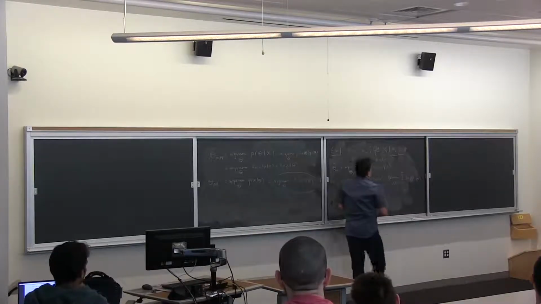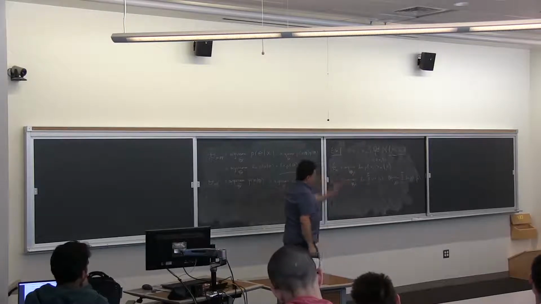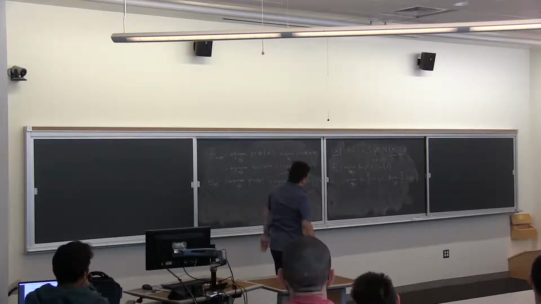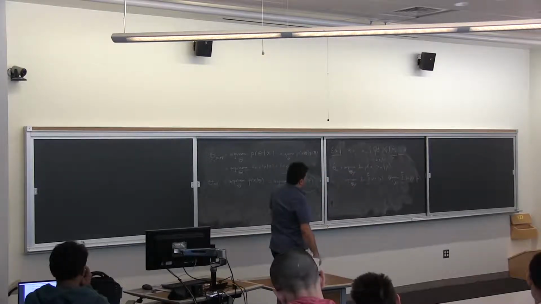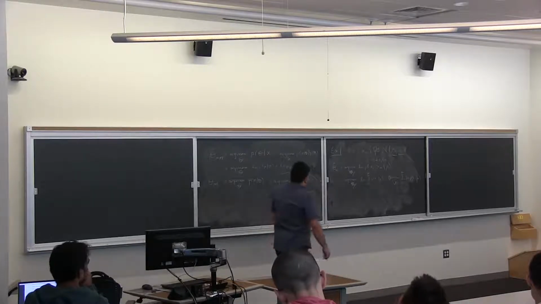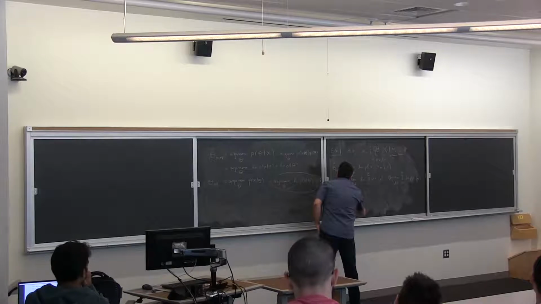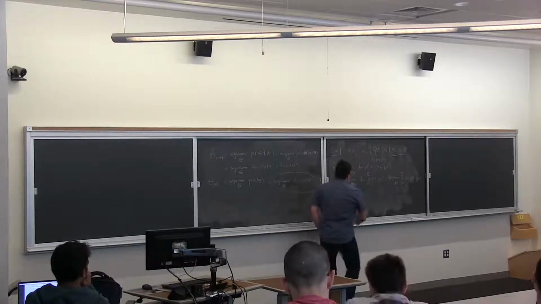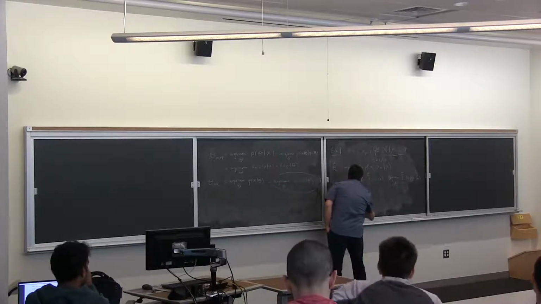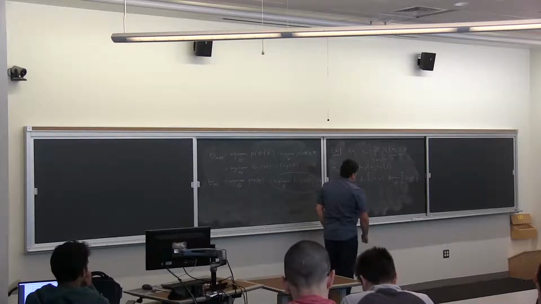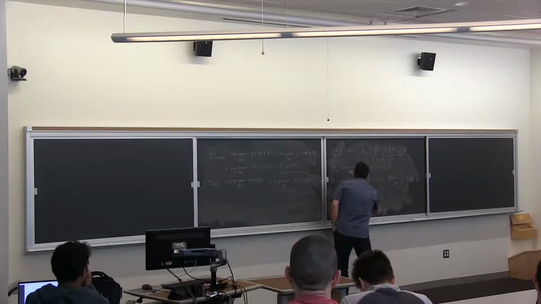Okay, so each of those p(xi given mu) expressions is the Gaussian PDF with mean mu and covariance sigma. Let's plug that in. So we're going to maximize with respect to mu the summation.